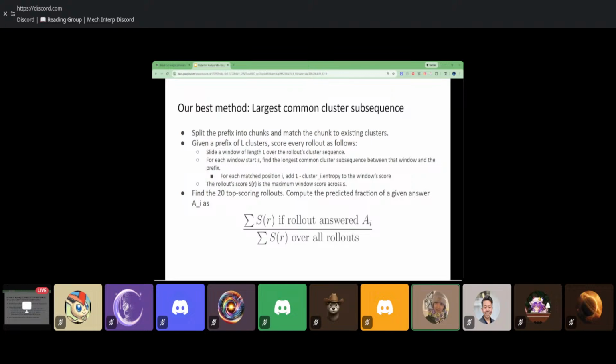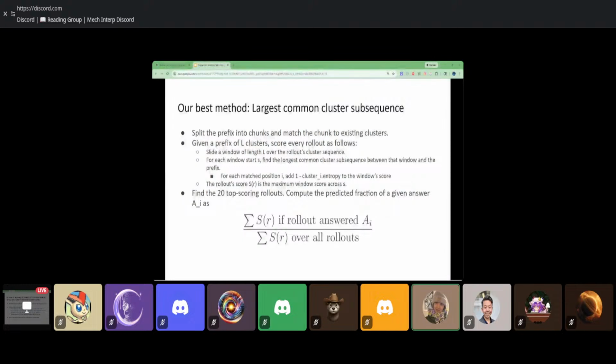The idea was to account for super common clusters. Models often say something general, like restating the question, and you don't want to overwhelm your score with those coincidences. If a cluster is very commonly said by both correct and incorrect solutions, you don't want to assign it a high score.